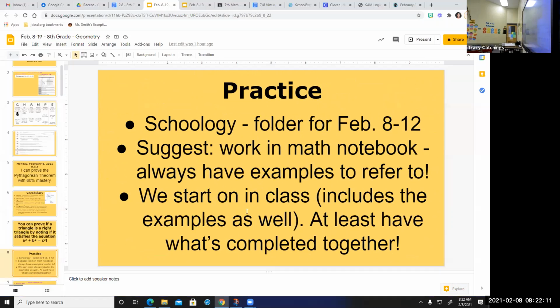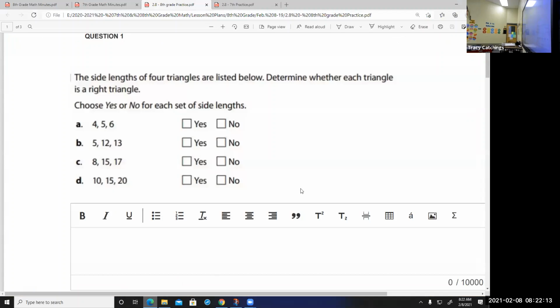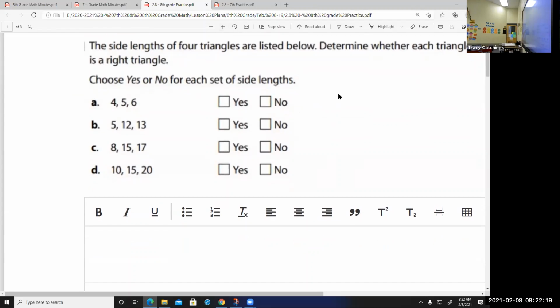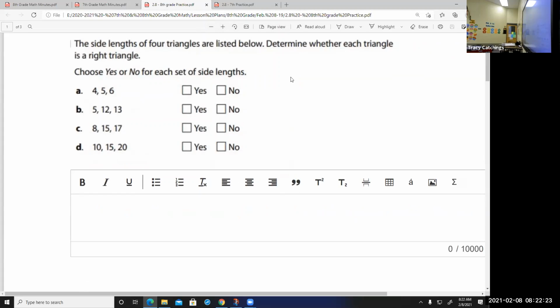All right, your practice is found in the usual place. Most of us pull it up and have it waiting for us. Yes, ma'am, I will.